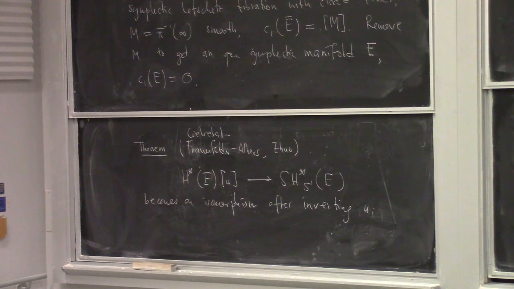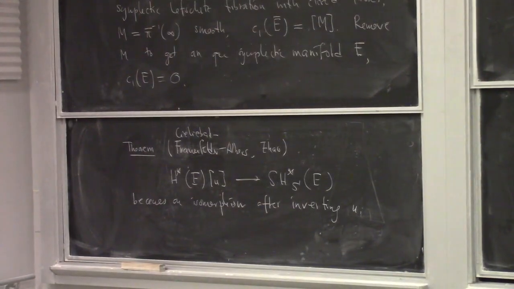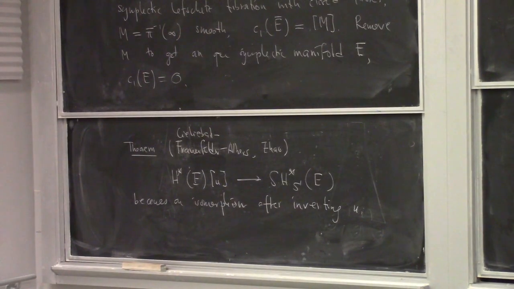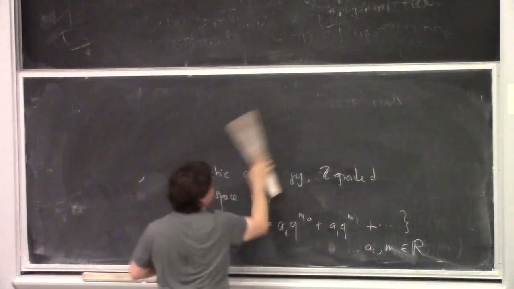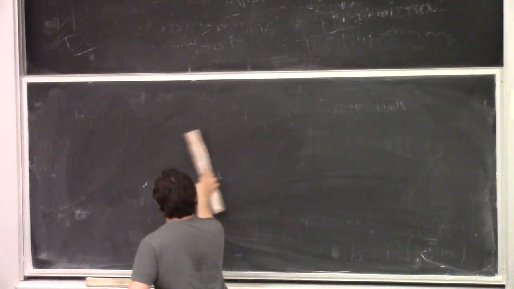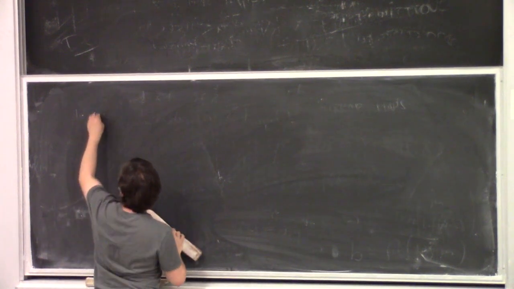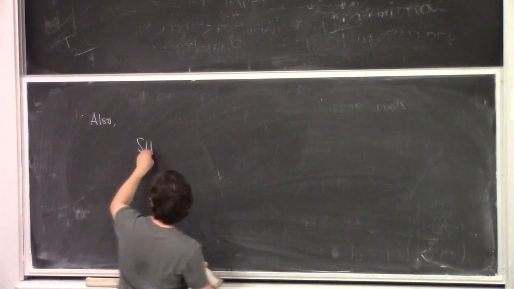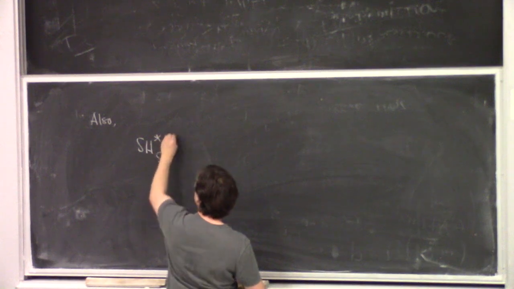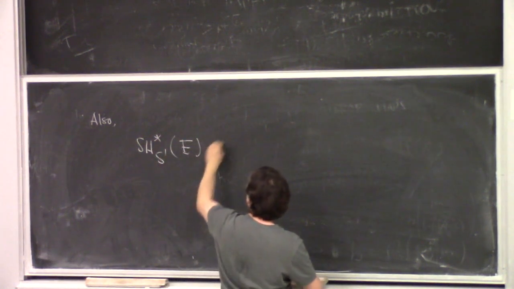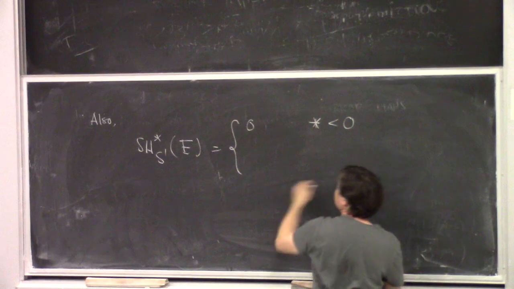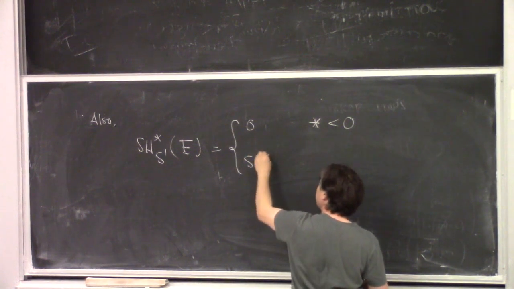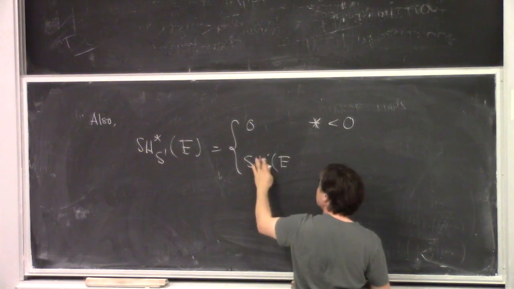So good. So what did I want to say? Okay. Also, what I already said is that it kind of enters into the proof of these guys here. So it's 0 in degree less than 0, and in degree 0 it's the same thing as.